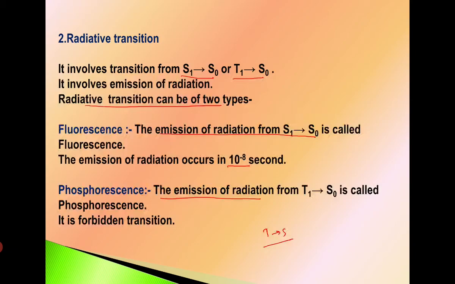Heat is liberated in this process, and it is of two types, internal conversion and intersystem crossing. Second, radiative transitions, which involve the emission of radiations, and this is also of two types, fluorescence and phosphorescence.